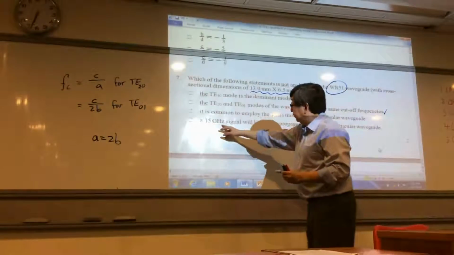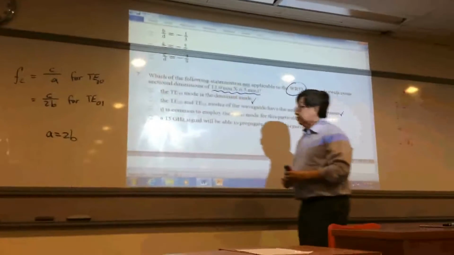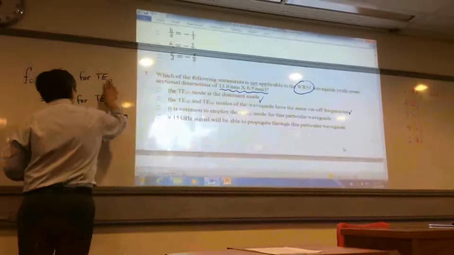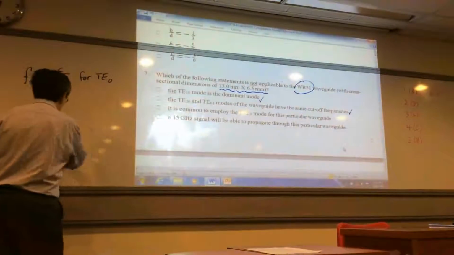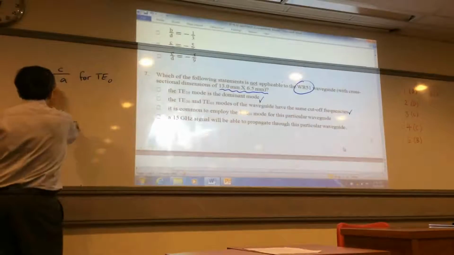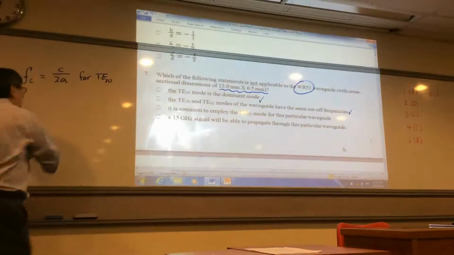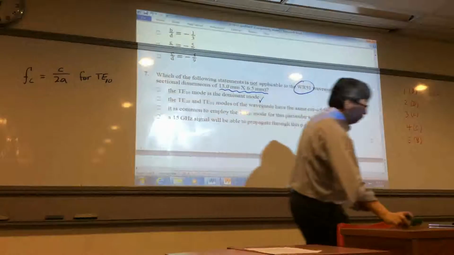Then, a 15 gigahertz signal will be able to propagate through this waveguide. Well, let's go back to your dominant mode. For TE10, this is your dominant mode cutoff frequency.